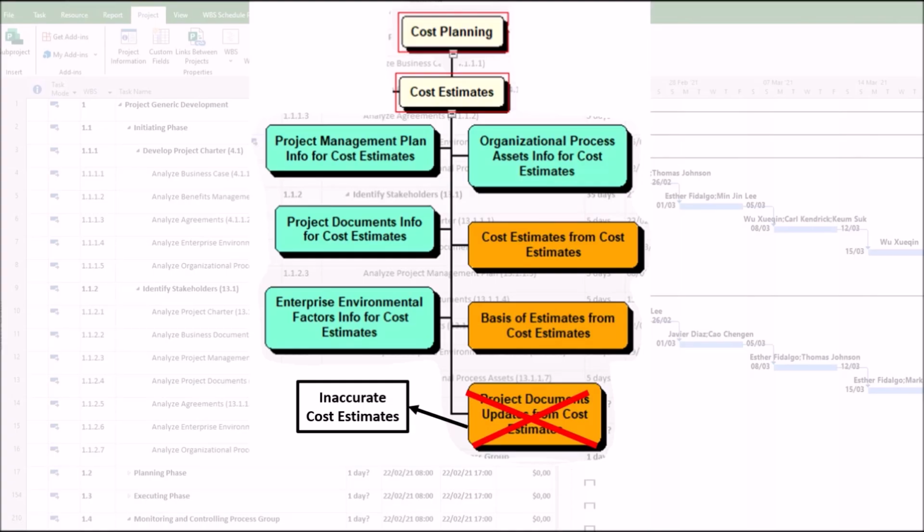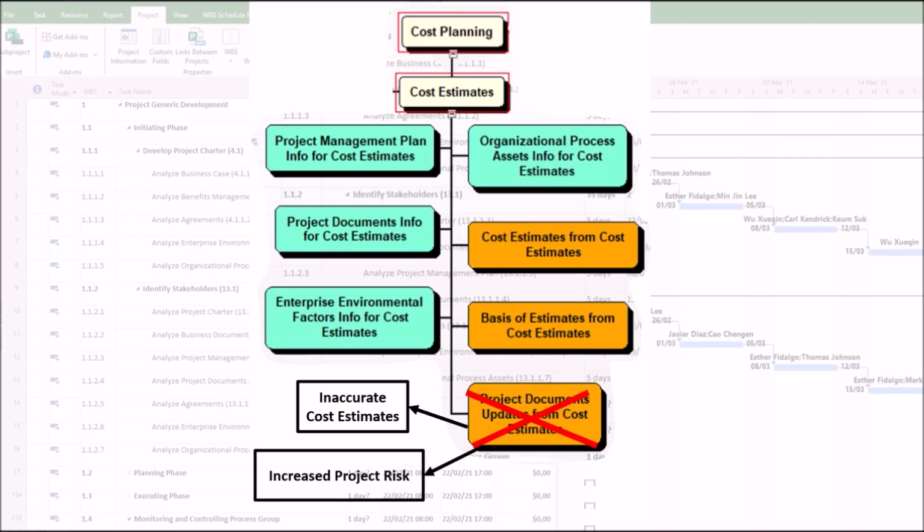Inaccurate cost estimates. First, outdated assumptions. If the assumption log isn't updated, cost estimates may rely on incorrect data, such as outdated labor rates, material costs, or exchange rates. Second, unrecorded constraints.